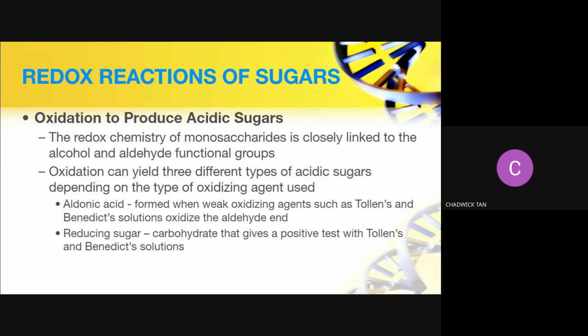It can yield three different types of acidic sugars depending on the type of oxidizing agent used. So in Benedict's solution and in one of the tests called Tollens test, we form aldonic acid. Okay, it's formed when a weak oxidizing agent oxidizes the aldehyde end.